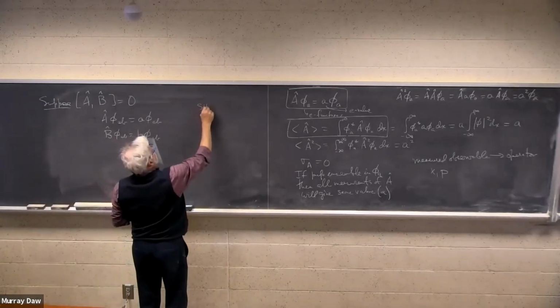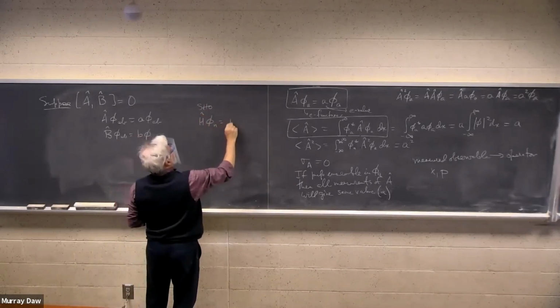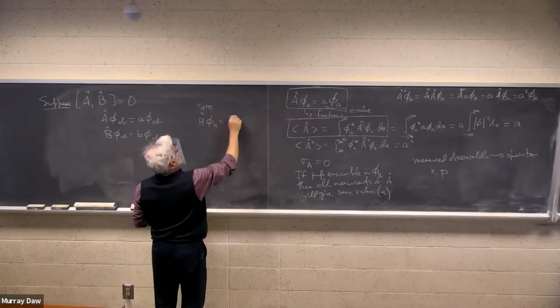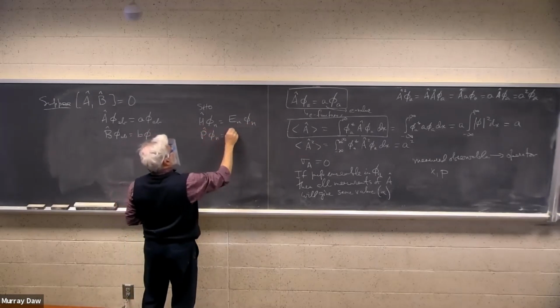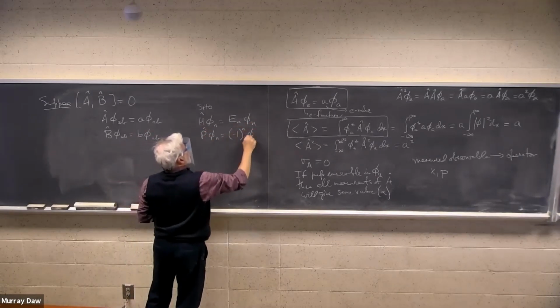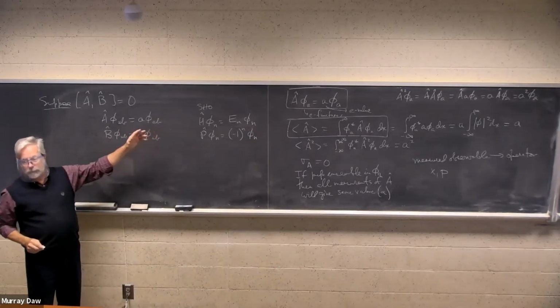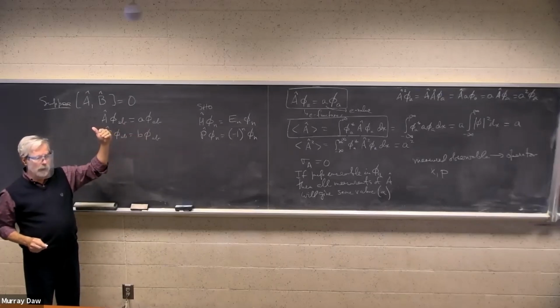So the example was for a simple harmonic oscillator. These were E sub n. We had a parity operator. We found the alternating sign, plus minus plus minus, as you go up the spectrum.